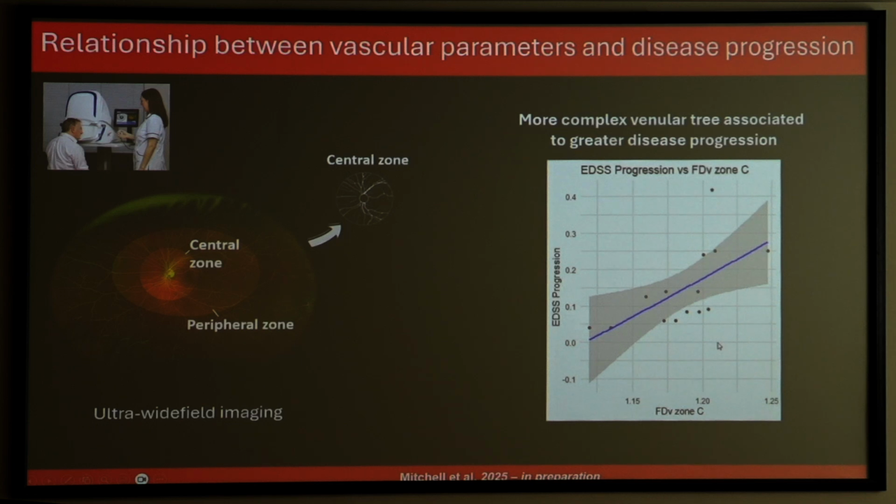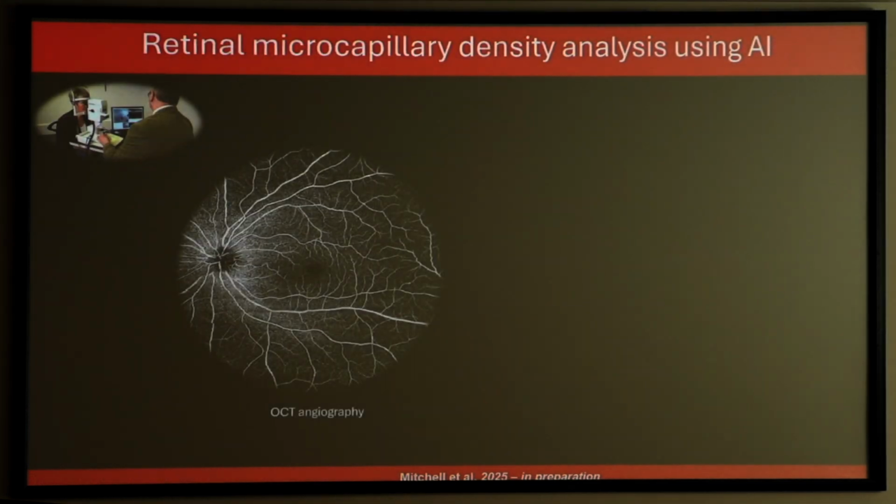And then the other one is that a greater vascular complexity is associated with, again, greater disease progression, which we want to follow up on. Again, this is a sample size that's rather modest, but interesting.